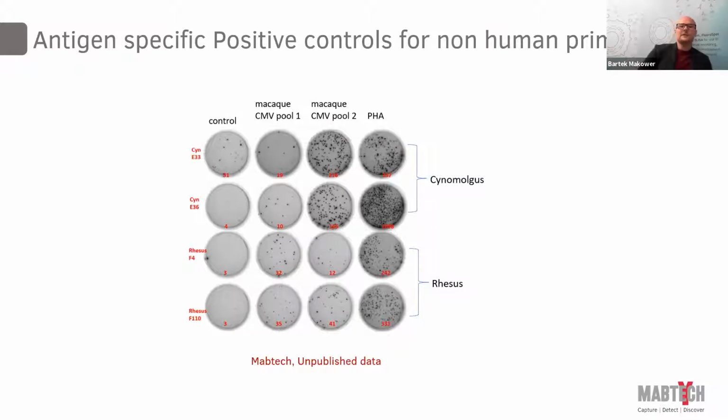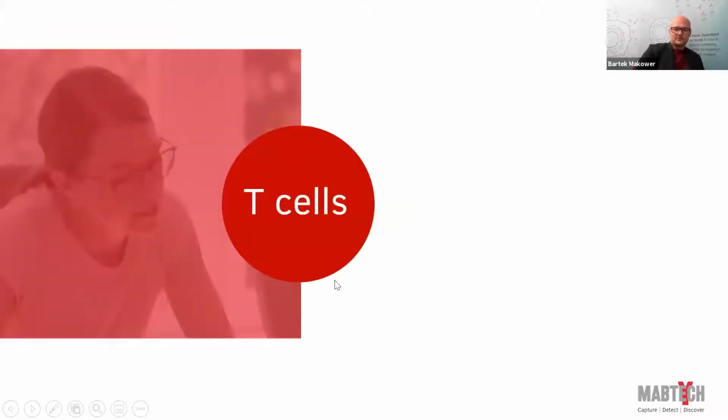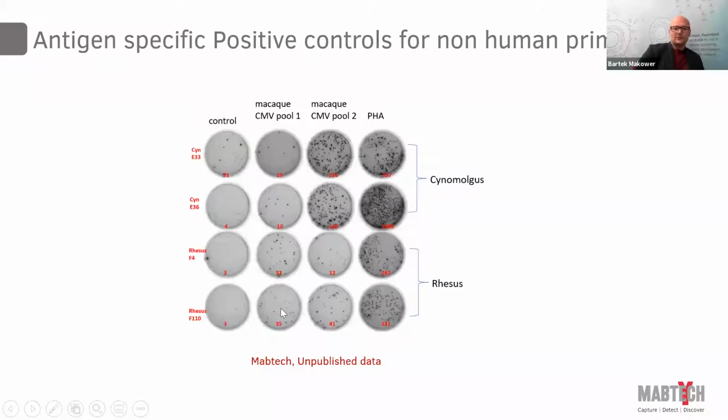So if you stimulate macaque cells with human CMV peptide pools, that will not give any response, but these viruses are quite different. But here we designed 2 different CMV pools based on macaque CMV, and we can see that pool number 2 here gave a really good response in these 2 different cynomolgus macaques. And also in rhesus, although weaker in rhesus, pool 1 worked slightly better.